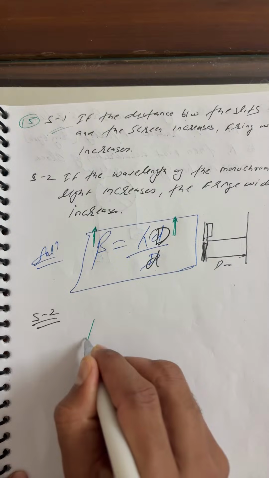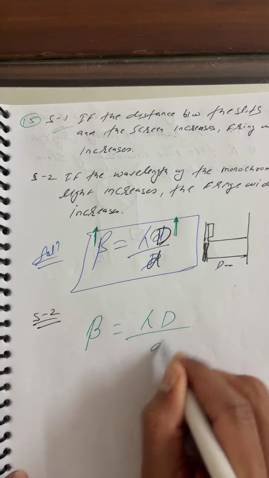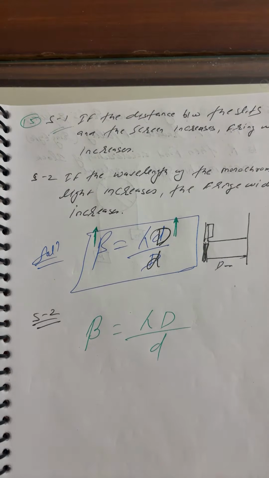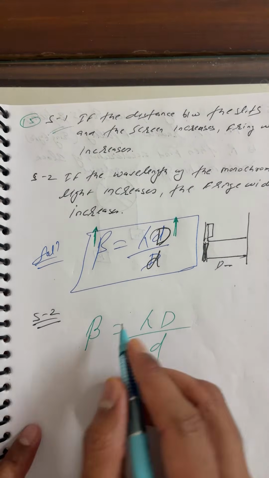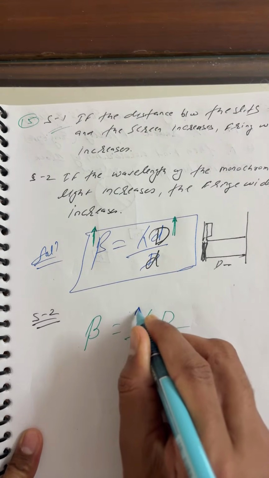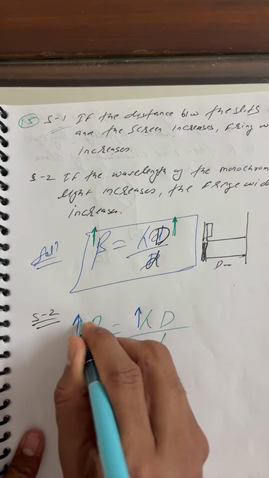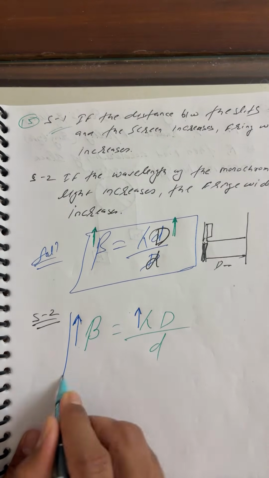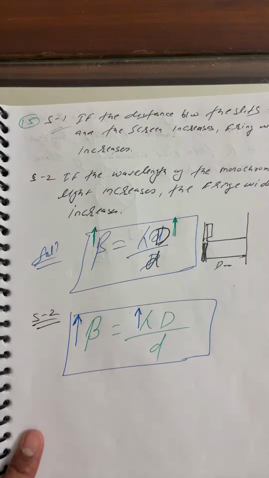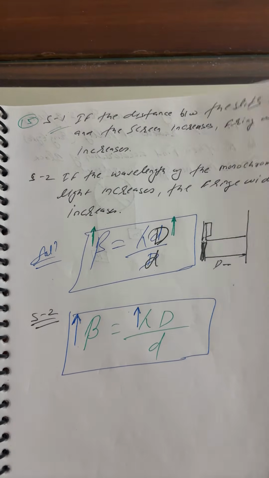You can apply the same formula: fringe width beta equals lambda D by d. If you are increasing wavelength, obviously beta is proportional, so fringe width also increases. Both statements, first as well as second, are correct.